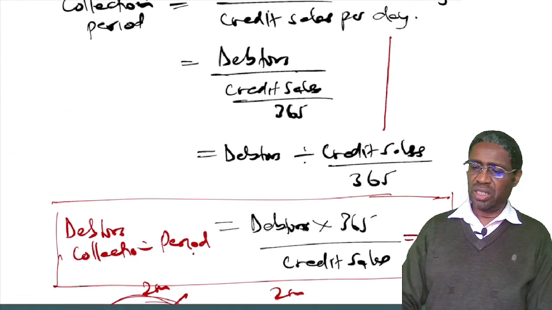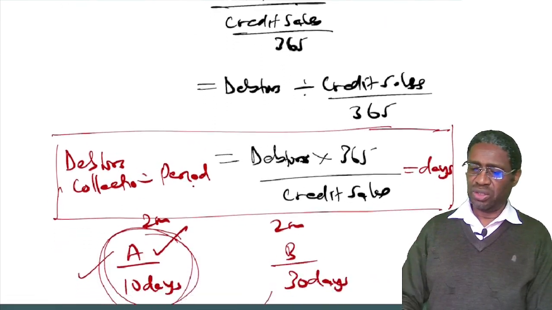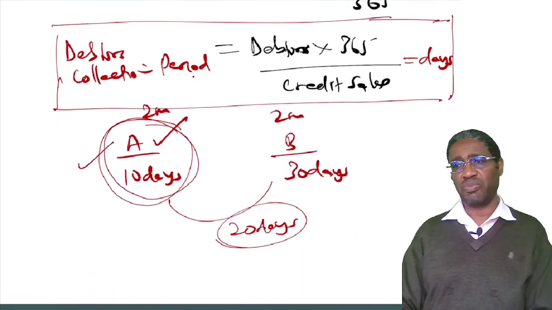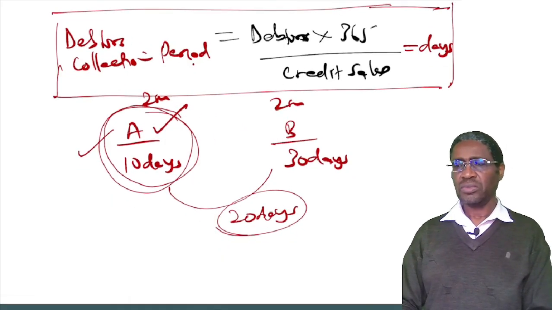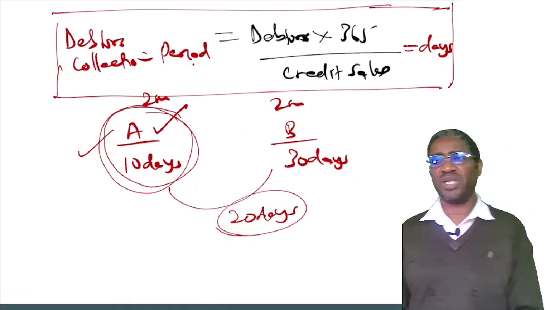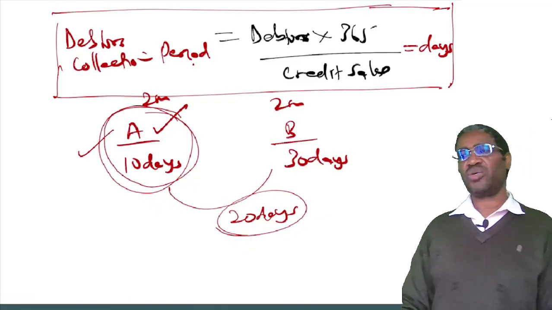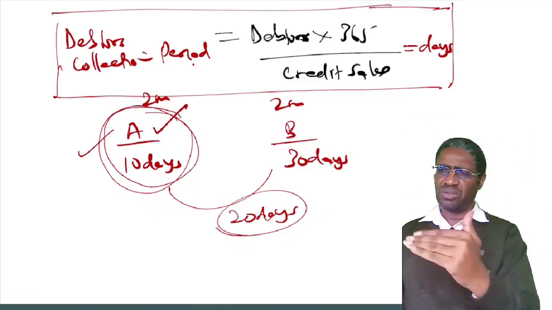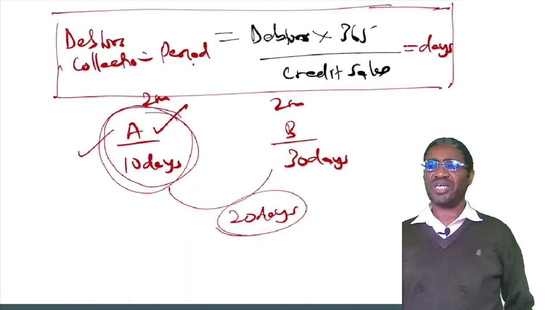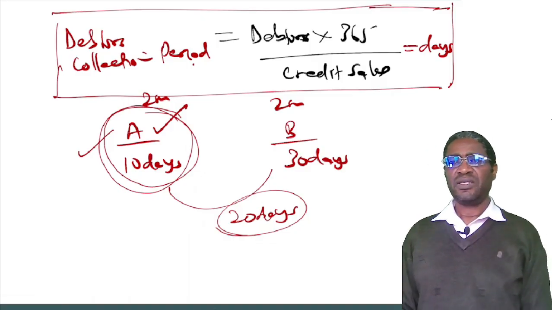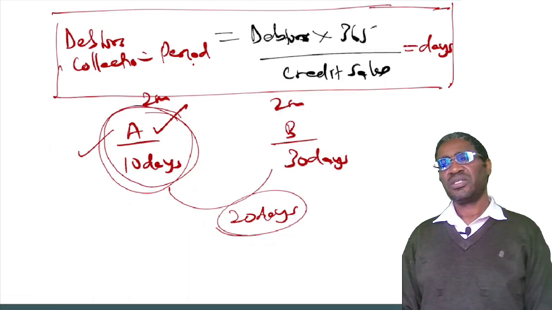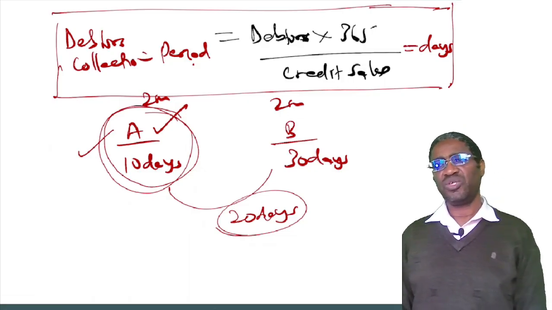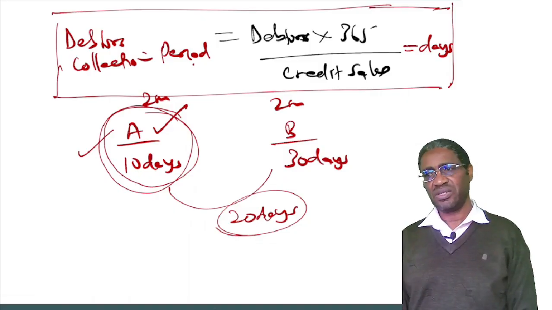Another efficiency ratio. Call it debtors' collection period. I think you can copy that formula again. You don't need to show how it came down to this. You can just copy the final part. Debtors' collection period equals debtors times 365 divided by credit sales.